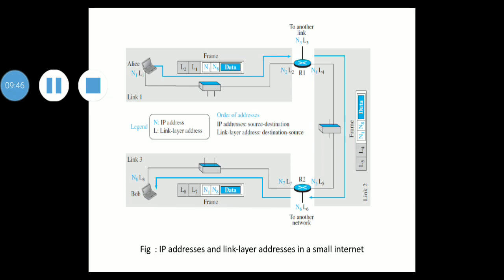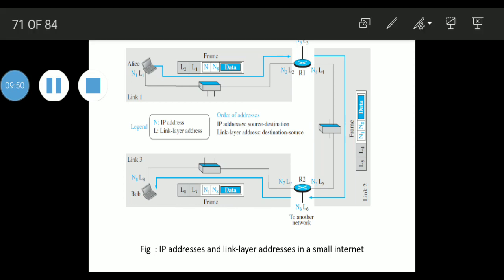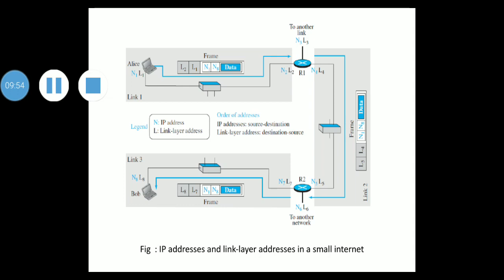There are three links labeled link 1, link 2 and link 3. Then they have shown only two hosts, Alice and Bob. Alice is at the source and Bob is at the destination.